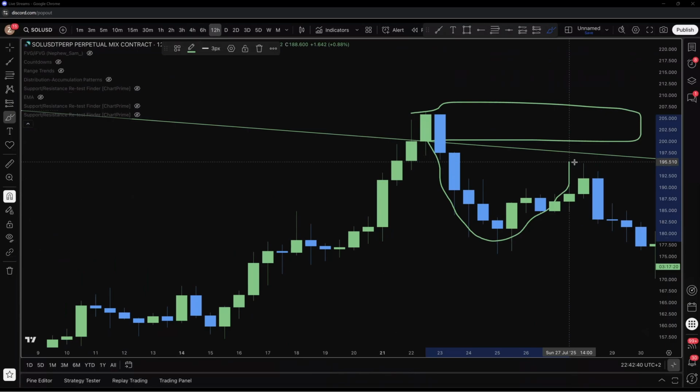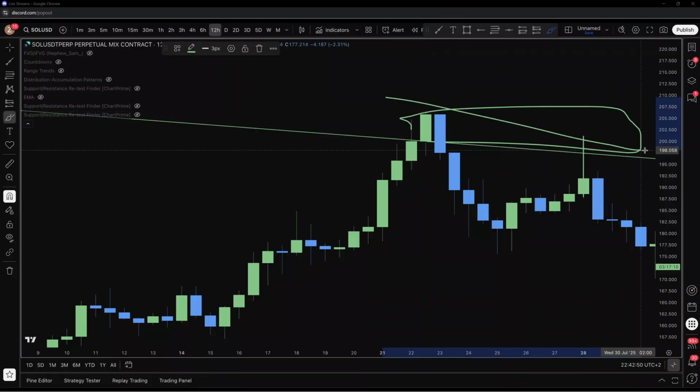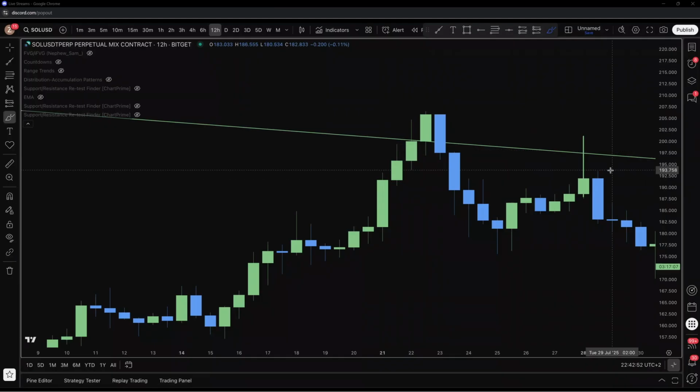Here we have the valley, and no candle comes up to this hold level, this resistance candle. This wick would need to come up into this candle, and then you could have your range trend. Because the wick doesn't come up into the body of the candle you want to start with, you can't have a range trend.